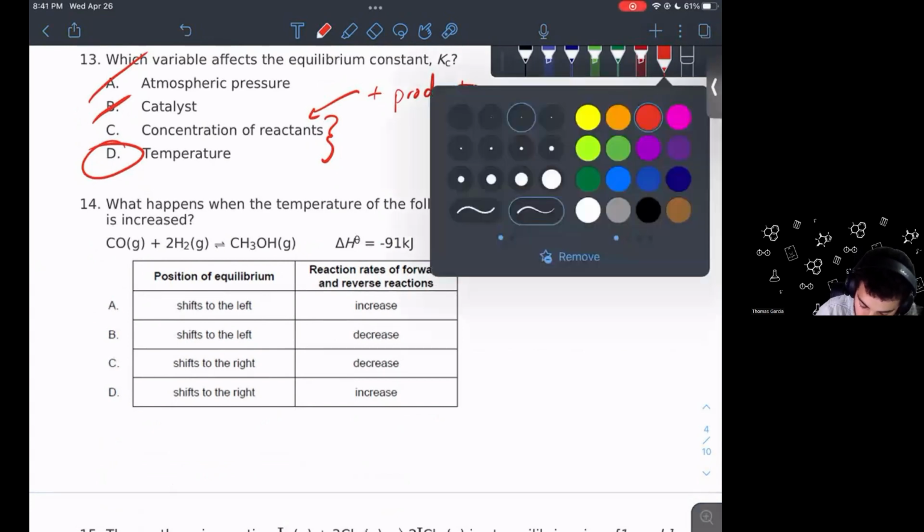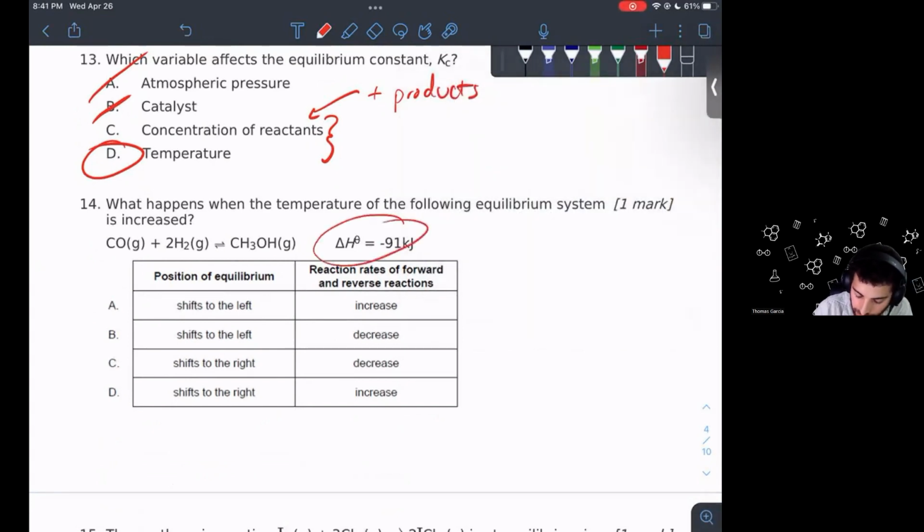All right. So what happens when temperature of the following equilibrium system is increased? First off, like I say, let's check. It's exothermic, which means as we increase T, it will move backwards. Because with a negative 91 kilojoules, moving forwards releases that heat.